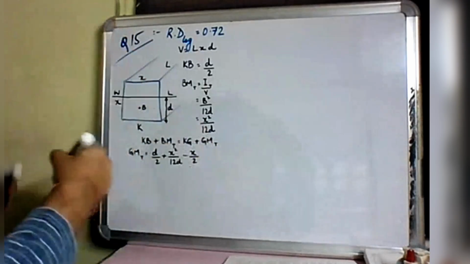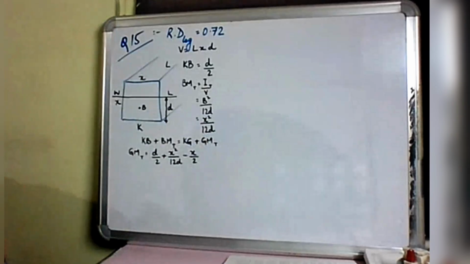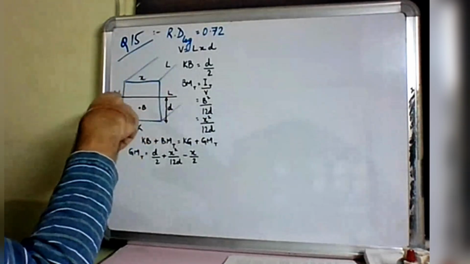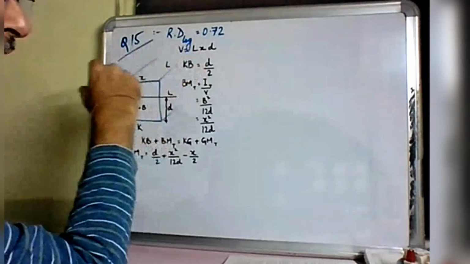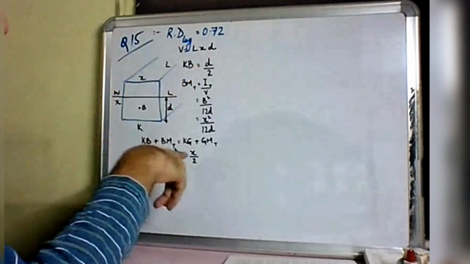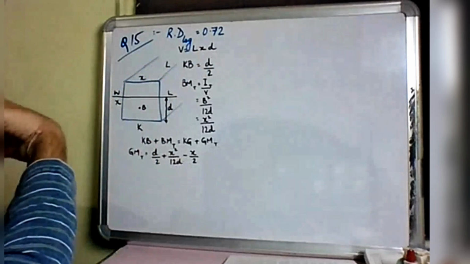KG will be x by 2. Why? Because it's a homogeneous log. Homogeneous का मतलब है the mass or the weight is evenly spread. So KG will be x by 2.